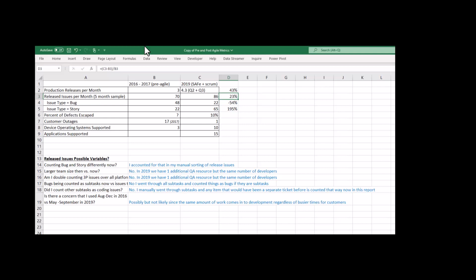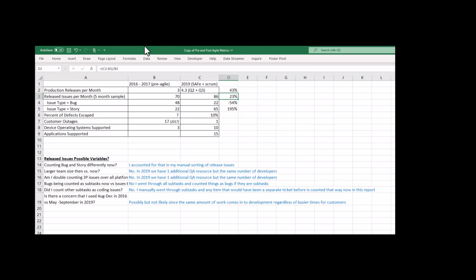Afterwards, we were doing on average 4.3. That's a 43% increase. Also, during that period of time, we released on average 70 issues per production release. Now, after our Agile transformation, that went to 86 work items.